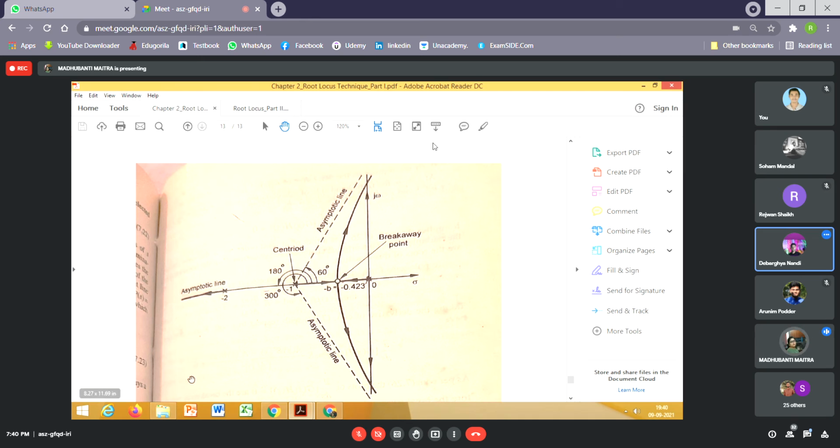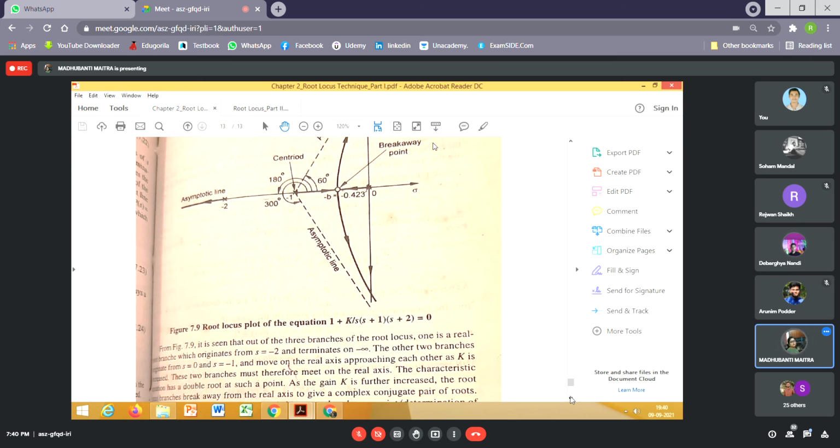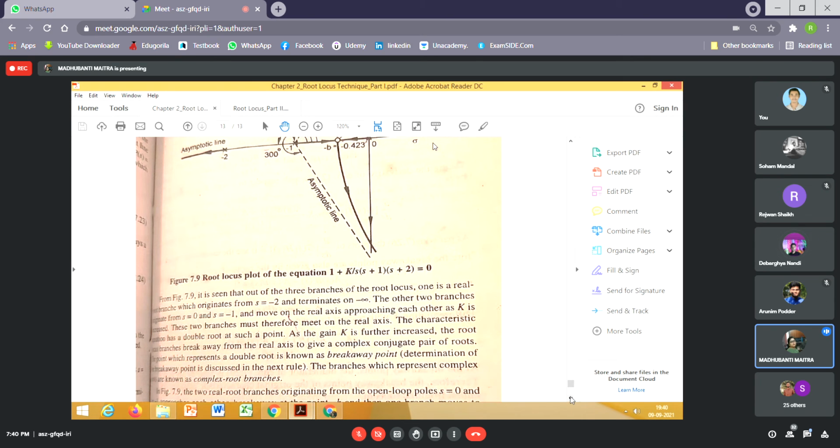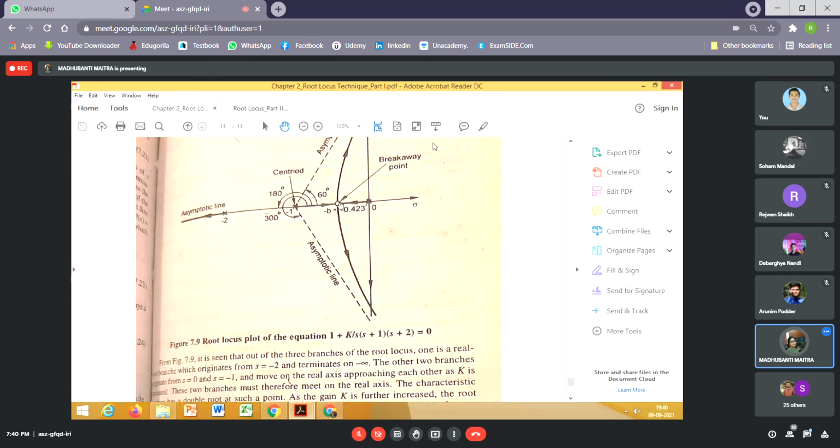Clear? So this point, as well as the points of intersection of the root locus with the imaginary axis, is of importance to us. Now this point where two real root branches are meeting with each other is called the breakaway point.